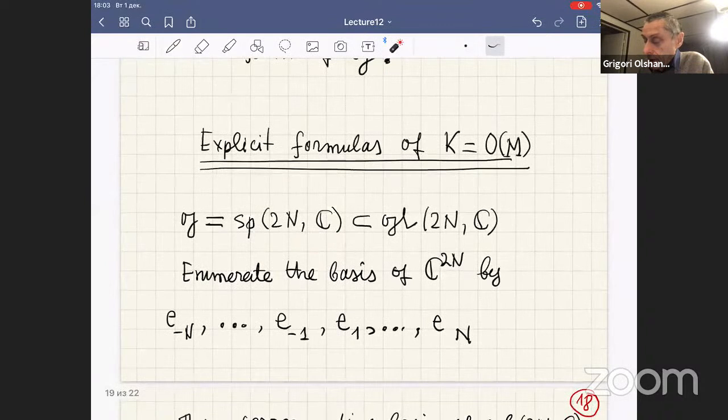How to define it? I need some explicit, some precise realization, which is obtained as follows. It's convenient to use this enumeration of the basis vectors using -1 up to -n written in this direction, and from 1 to n written in this direction.